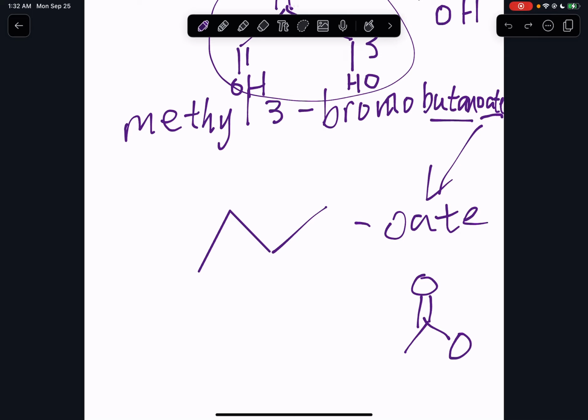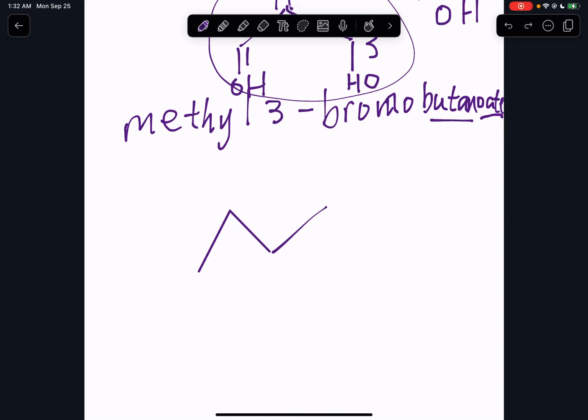This is how it looks for "oate." Now, we need to know what bromo is. Bromo is the short form for bromine, also known as Br. So that's Br for bromo, and it's on 3. Methyl is one carbon atom, which is 1.